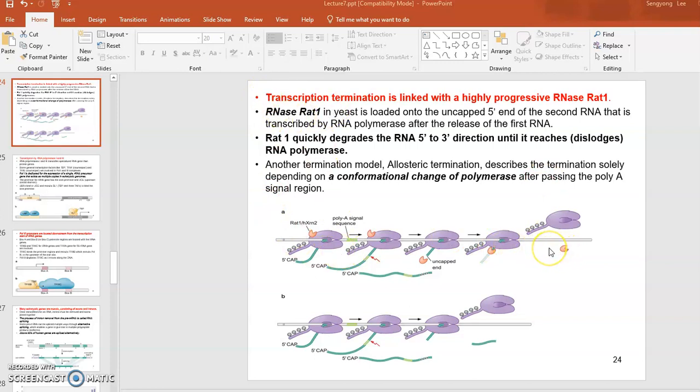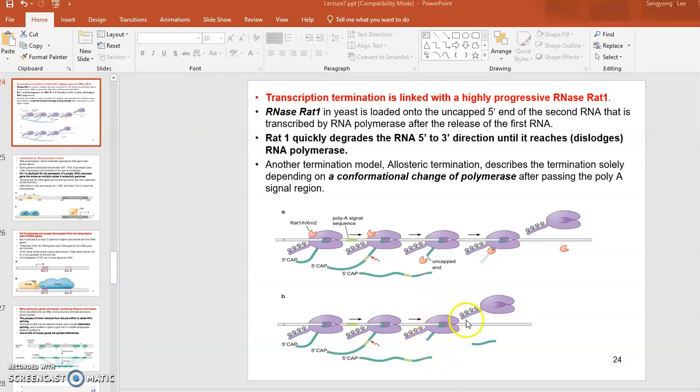Another termination mechanism is allosteric termination. That is dependent on the polyadenylation of your full transcript. Then dissociation of that, and that process gives some kind of signal to the RNA polymerase, which was transcribing. So the dissociation and polyadenylation of this full transcript gives a signal for RNA polymerase: I did something that is meaningful, I finished my transcription.